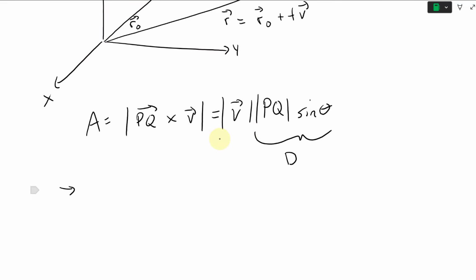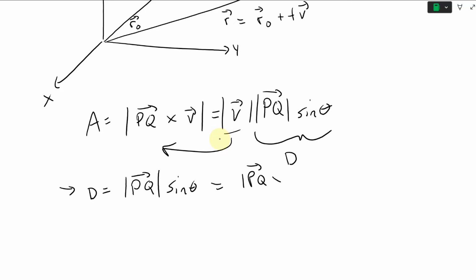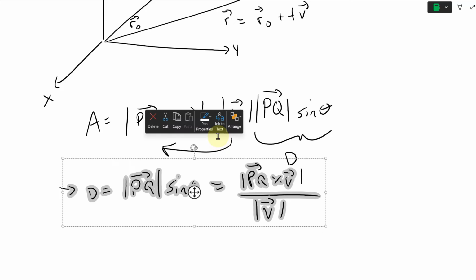Then rearrange so the distance is PQ sine theta. We don't know what theta is, but we know these other terms, so dividing gives PQ vector cross V divided by the length of V. So yes, this is epic stuff there.